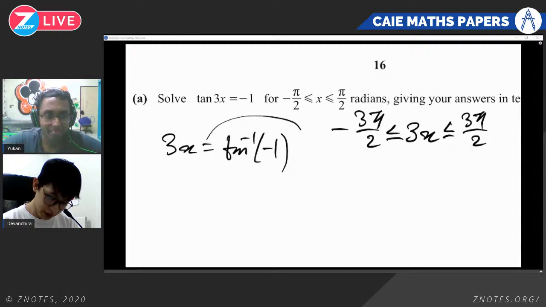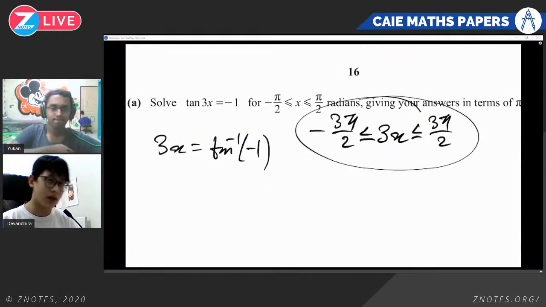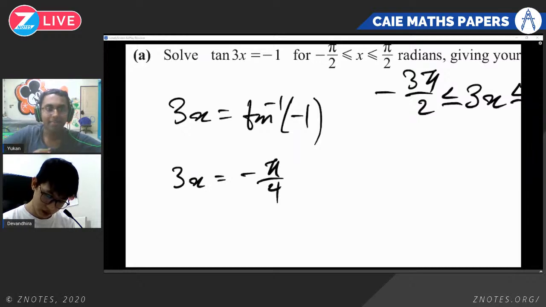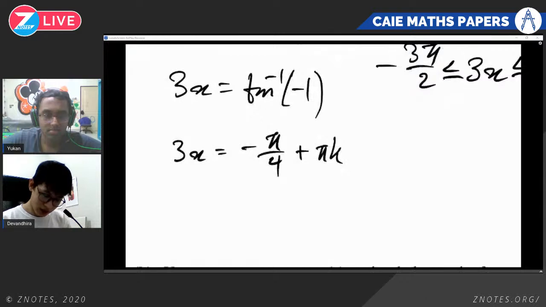I just have to find the values of tangent inverse of negative 1 that are between this domain. All right, so what's the tangent inverse of negative 1? I think it's negative pi over 4. Yeah.